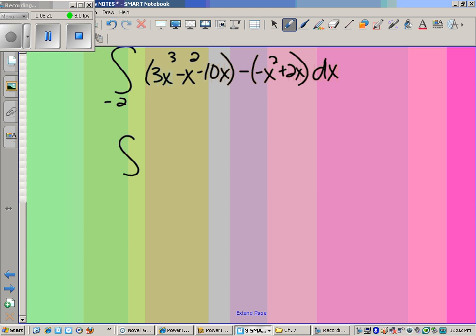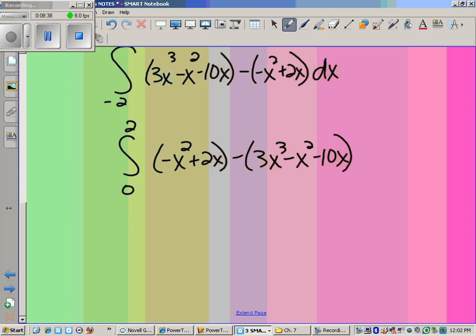From where to where? 0 to 2. But in that interval, who's greater? G. So now I got to do it the other way. I got to do -x squared plus 2x minus 3x cubed minus x squared minus 10x dx.